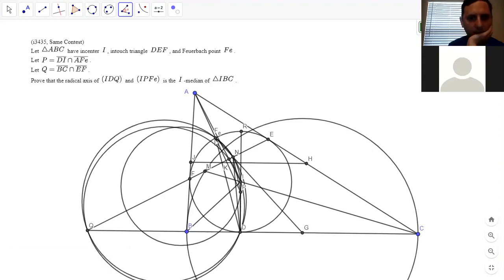Let's see, FEDQ. Yeah, that was it, the 74.93. So we want to show FEDQ is equal to GNE. Or is equal, sorry, is equal to PNQ.